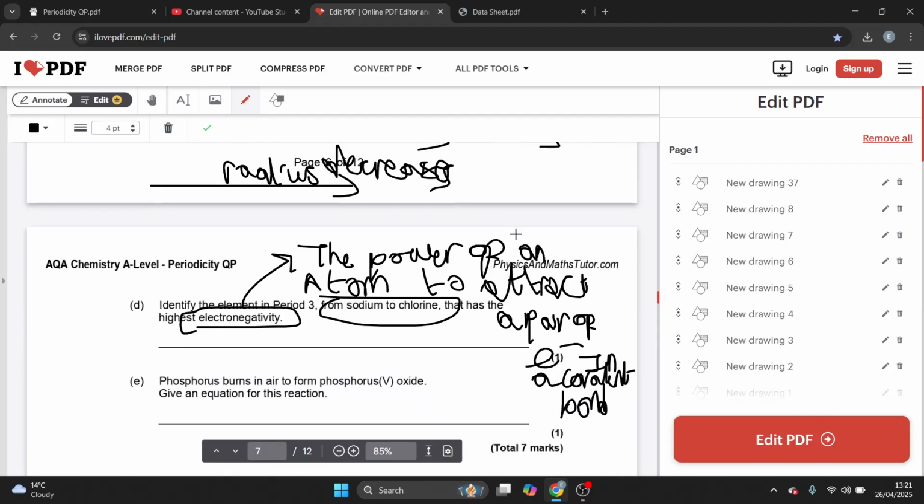So which one has the highest electronegativity, the power of an atom to attract a pair of electrons in a covalent bond? First ionization energy is the amount of energy required to remove an electron. So which one is going to have the highest ability to attract a pair of electrons, from sodium to chlorine?